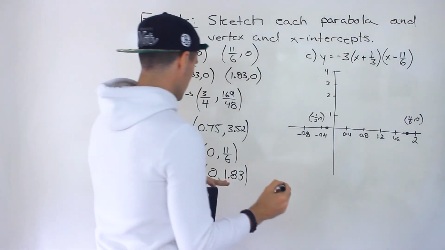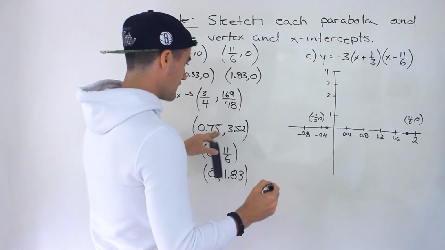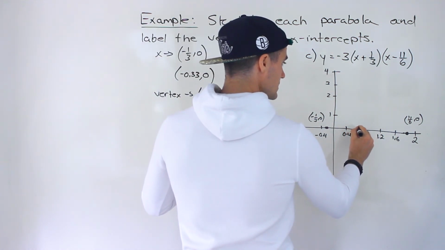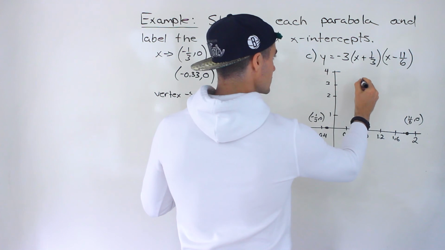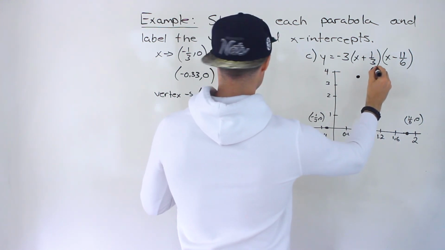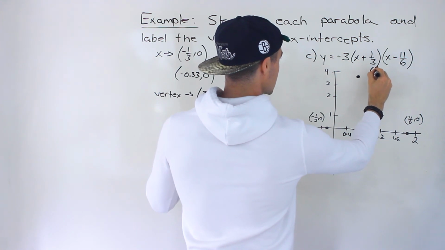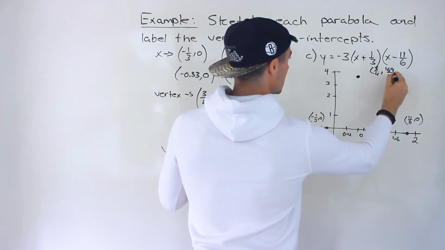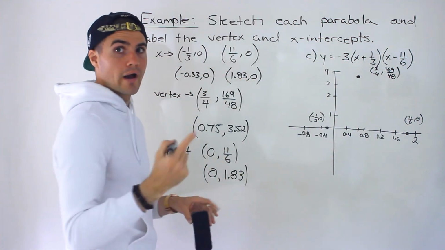Then we'll have 0.75, 3.52. So 0.75, that's like over here. 3.52, that's going to be like up here. So that's the vertex. So the vertex is 3 over 4, and then 169 over 48. And then let's put the y-intercept as well.